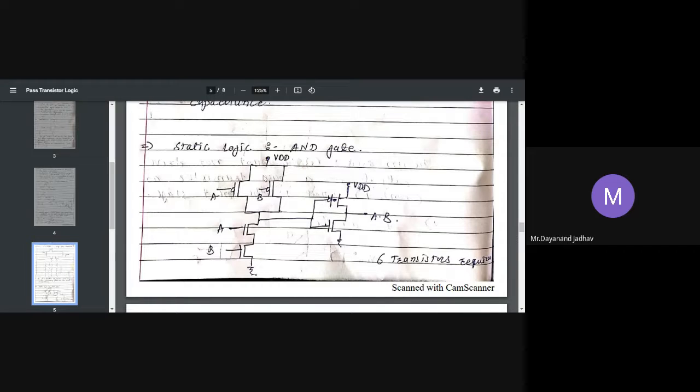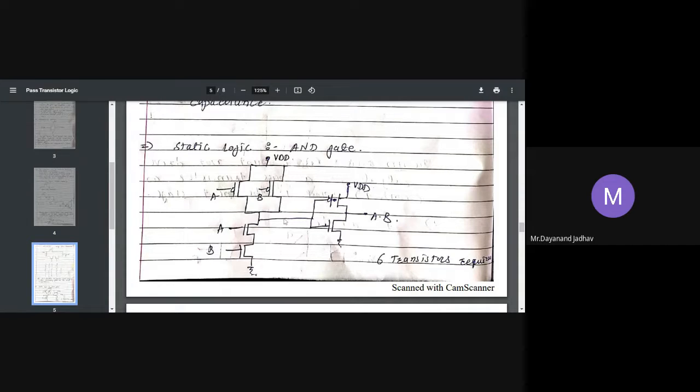How many transistors are there when we implement the AND gate? There are A and B. The pull-up network can be implemented using PMOS, these two transistors, and the pull-down network NMOS, these two transistors.